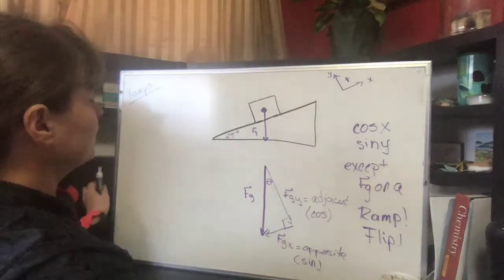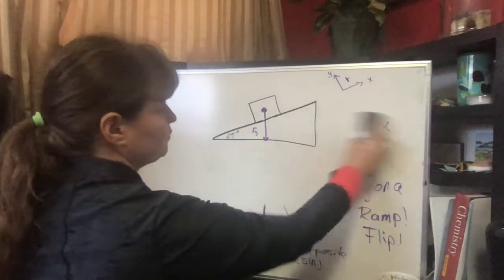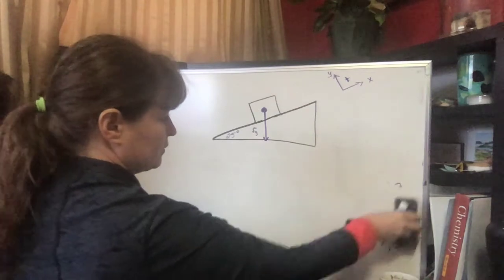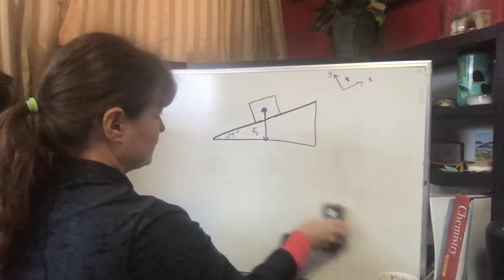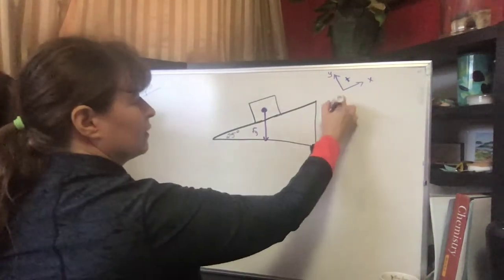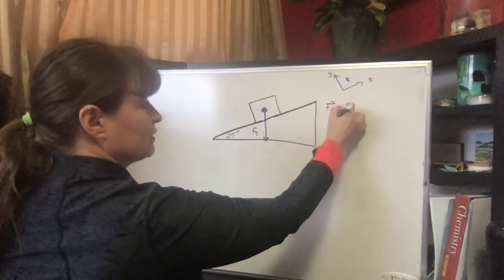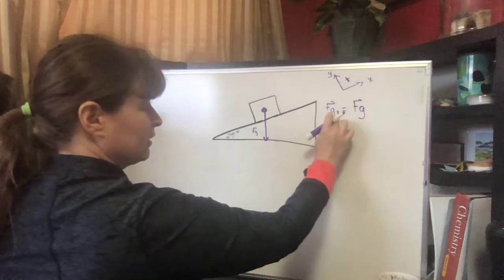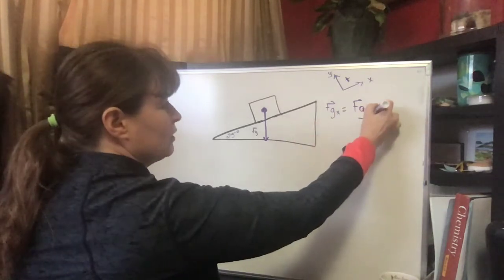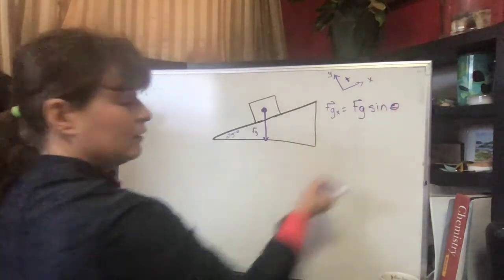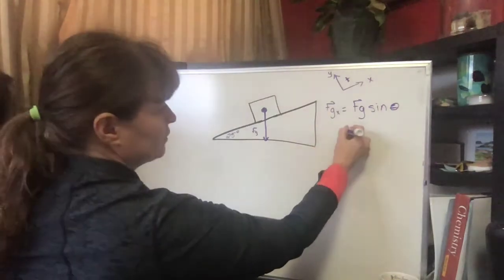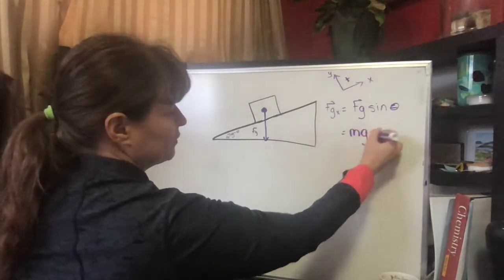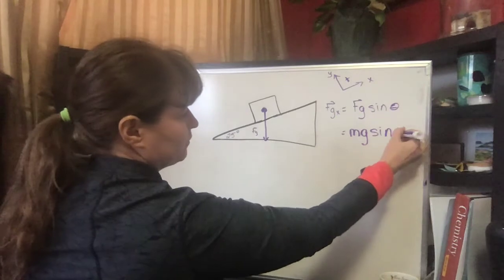Okay, and that means Fg of x will be simply Fg, and then x, we're flipping it now, sine theta, and we solve for Fg using mg sine theta.